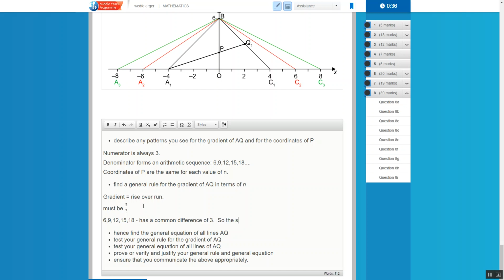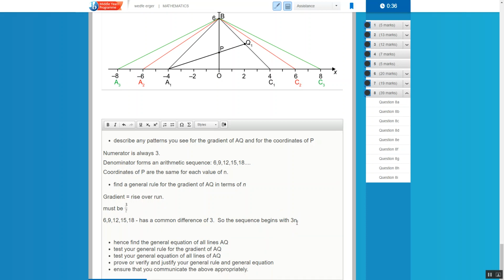So the sequence begins with 3n. If I try it out, 3 ones are 3, it should be 6. 3 twos are 6, but it should be 9. So I have to add on 3. So the general rule for the denominator is 3n plus 3.